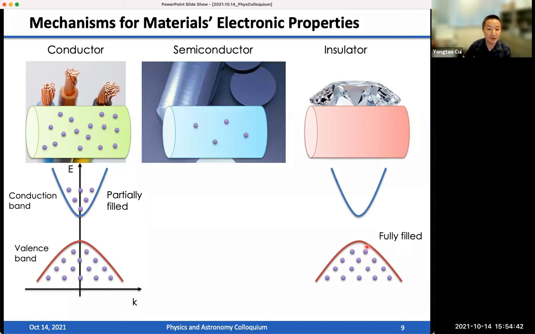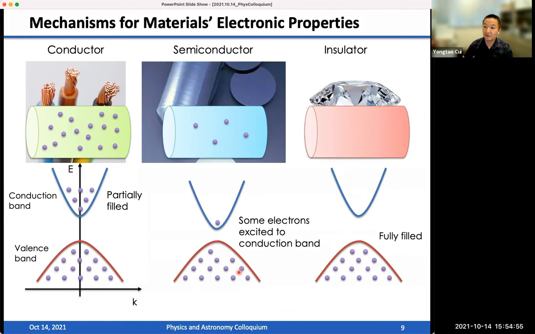The semiconductor is somewhere in between. It's similar to the case of an insulator, except that the gap between the two bands is small. What that means is that thermally, or from other means, you can excite some electrons to populate the conduction band. Then it becomes conductive because now you have mobile electrons.